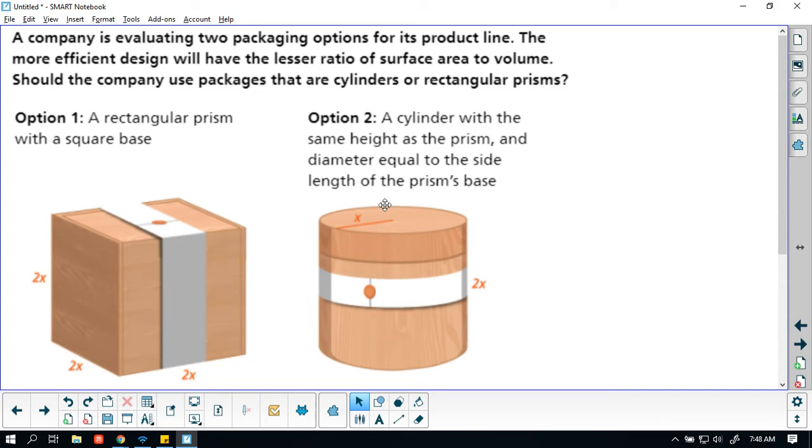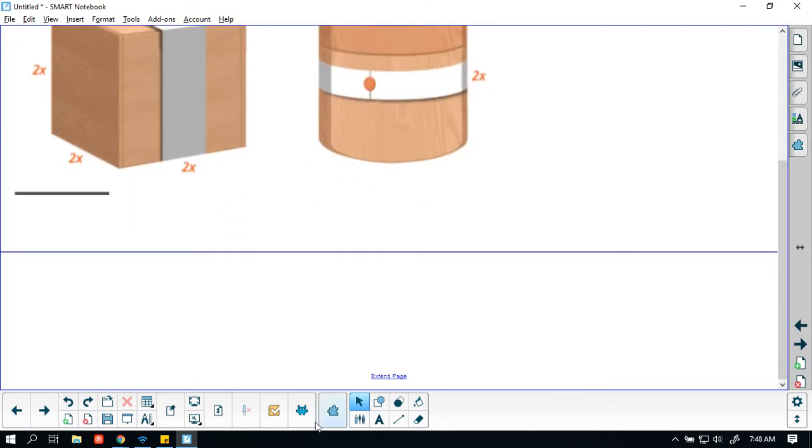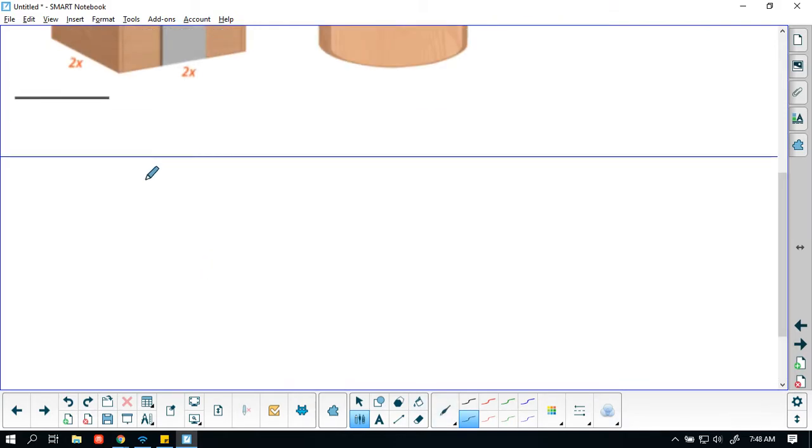All right, so let's look at option 1. Okay, we have the surface area. Each side is 2x.